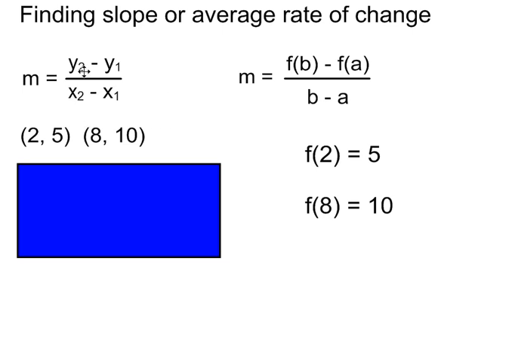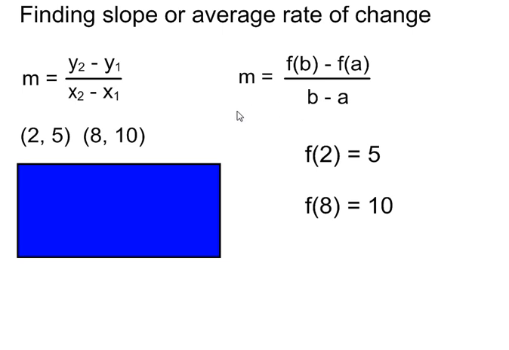So you have your y2 minus y1 divided by x2 minus x1. And it doesn't really matter which number you consider to be y1 or x1, but they do have to match up vertically. Common mistake is putting the x's on top and the y's on bottom. Make sure the y's go on top.